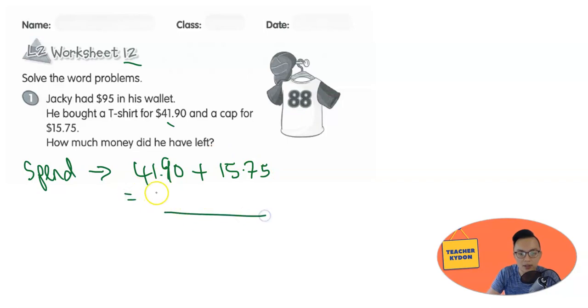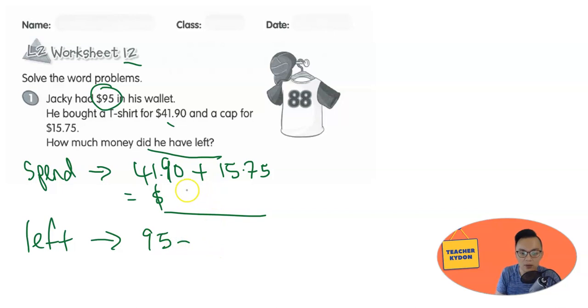So that is equals to the total amount. And then how much money did he have left? So right here, left equals to, he had 95 in his wallet, right? So $95 minus away this amount. Okay, so just put this amount here equals to, then that is the amount that he has left.